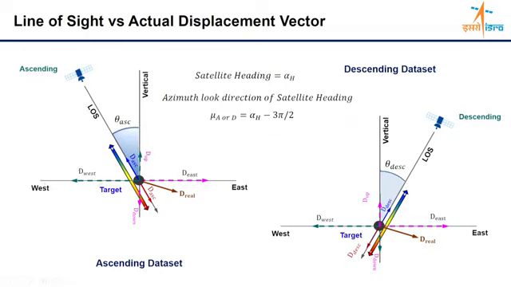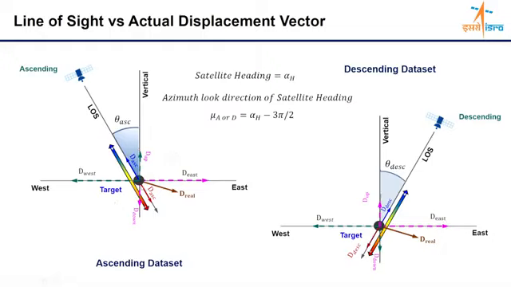The x-axis represents the east-west direction, which is in the horizontal plane. In the same horizontal plane, the north-south direction is somewhere here, okay.